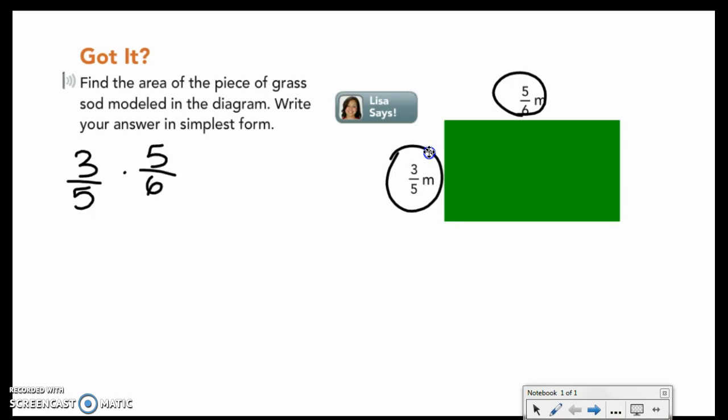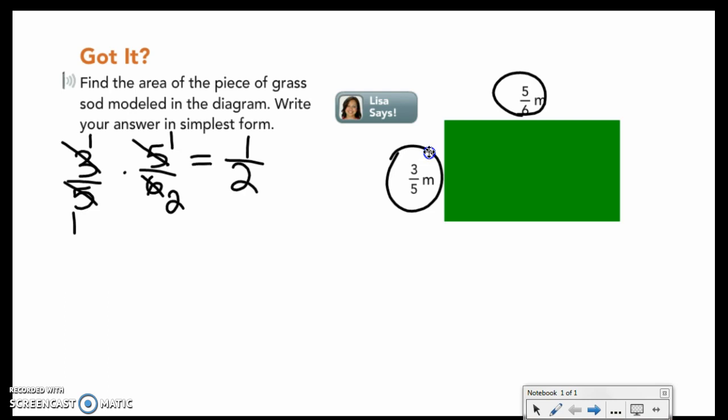When you're first looking at this problem, you can already see two numbers that you can simplify. 5 will go into 5 one time, and 3 will go into 3 one time, and 3 will go into 6 two times. So now we are at 1 times 1, which is 1, and 1 times 2, which is 2. We have 1/2.